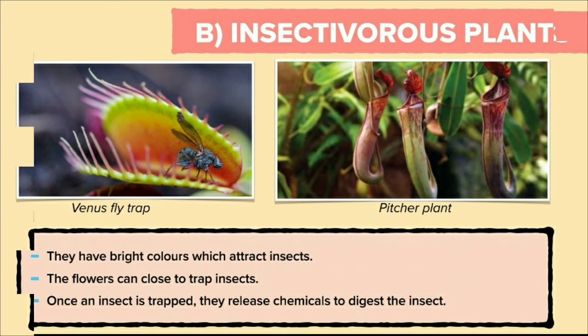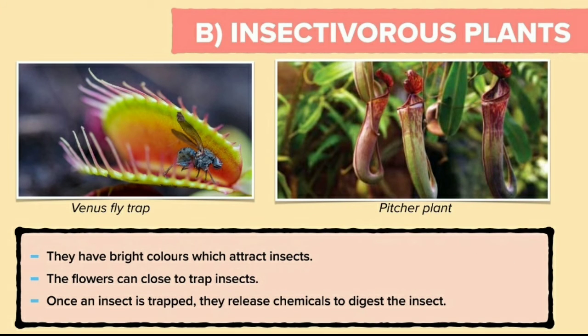Next is insectivorous plants. Now these plants, children, they have bright colors which attract the insects. The flowers can close to trap the insects. Once an insect is trapped, they release chemicals to digest the insect.